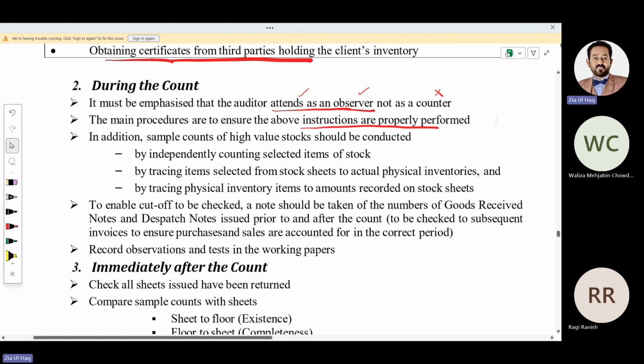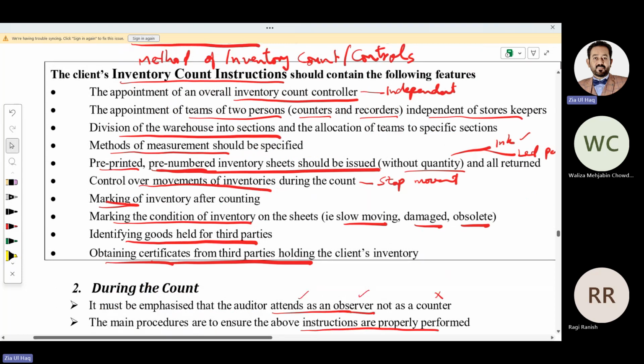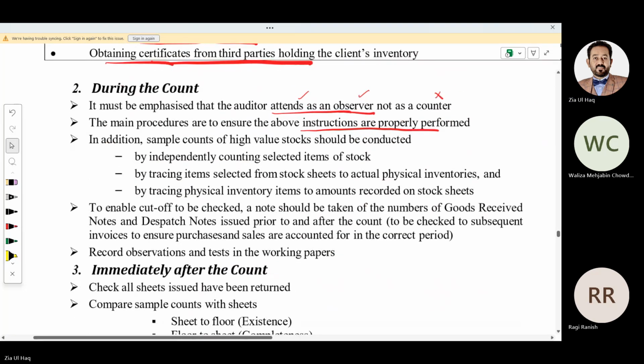What are the proper stock take instructions? These are controls. Because if a count is not performed as per proper method of inventory count, this means the count is not proper. So we need to attend inventory count as an attendant, as an observer rather than counter. And we need to make sure the recommended instructions have been followed during the count.